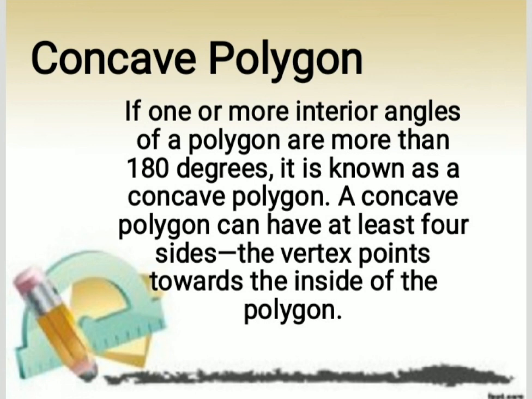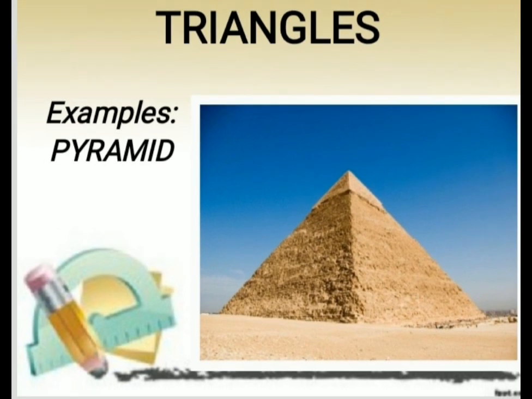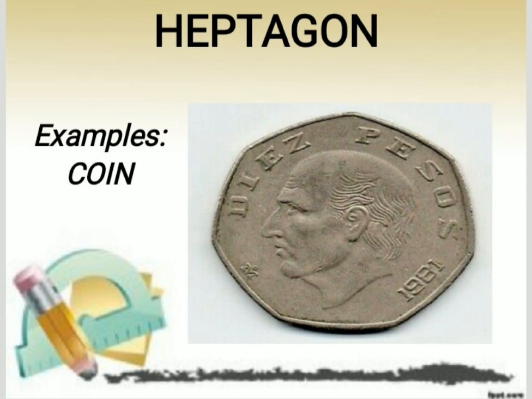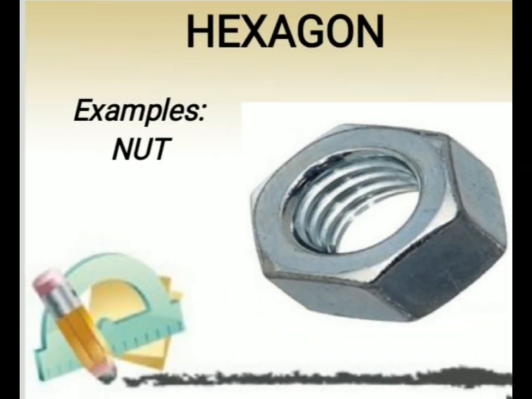I have at least 5 examples of polygons in the real world. Number 1. For triangles, I have a pyramid. For heptagon, I have a coin. For hexagon, I have a nut.